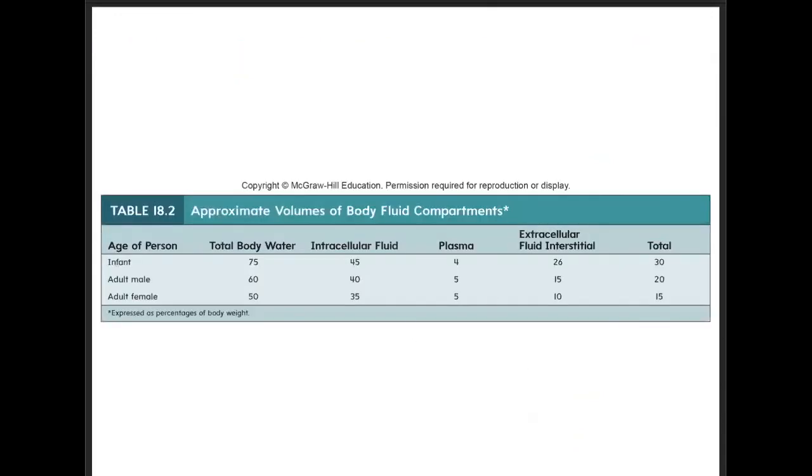Okay, as you can see here, we have the approximate volume of body compartments. So in the infant, we have 75 total body weight. In the ICF, we have 45, plasma is 4. Your ECF, we have 26, a total of 30. Adult, these are the numbers, total of 20. Adult female, total of 15.